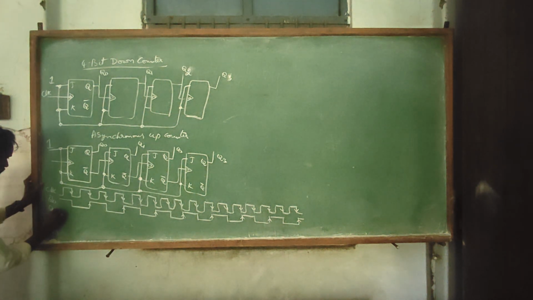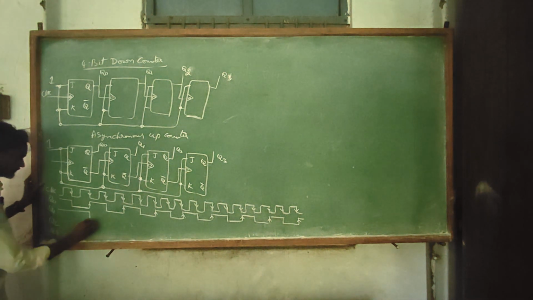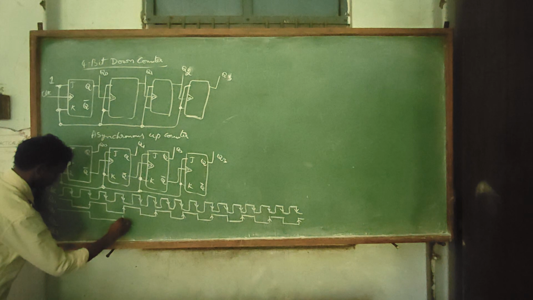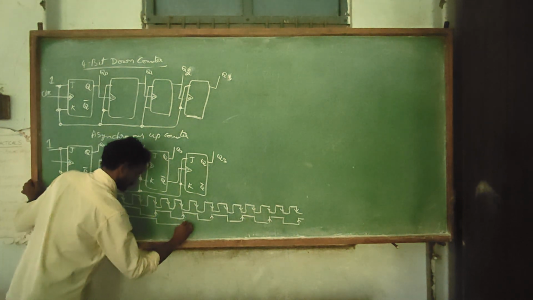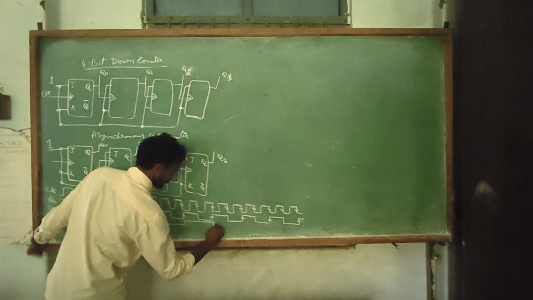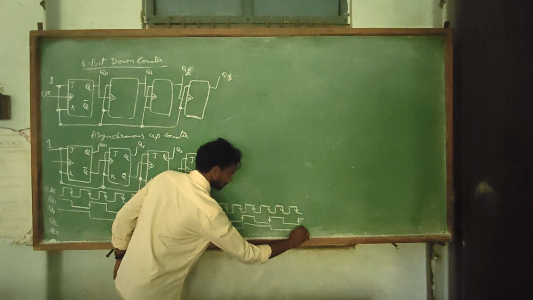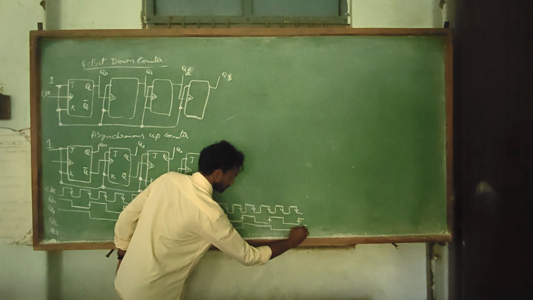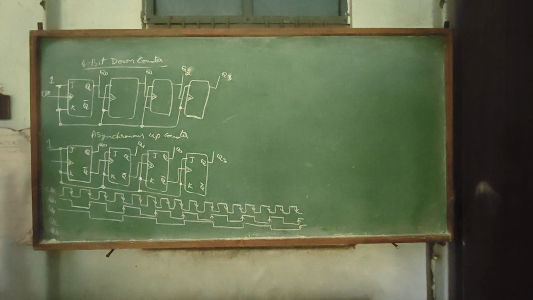So Q1 is already at high state and goes to 0. Again 1, 0, 0. That's about Q1.